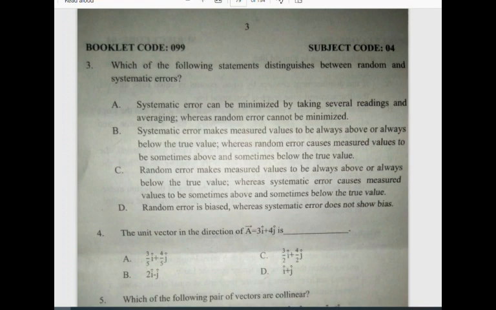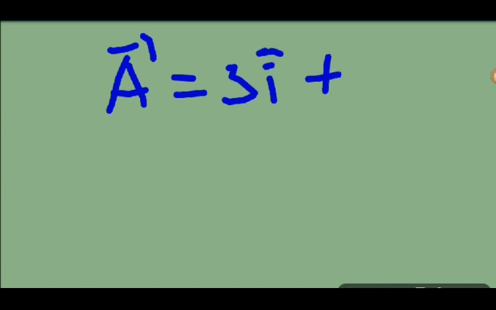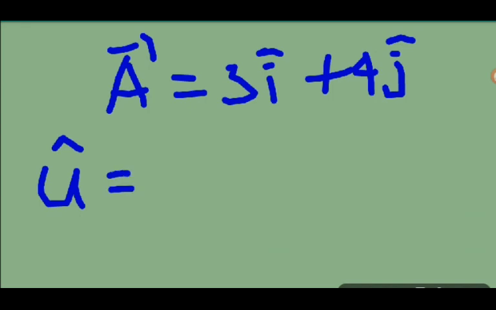So now proceed to question number 4. It says that we have this vector which is equal to 3 in the i plus 4 in the j. So find the unit vector. Unit vector can be calculated as a vector divided by its magnitude.